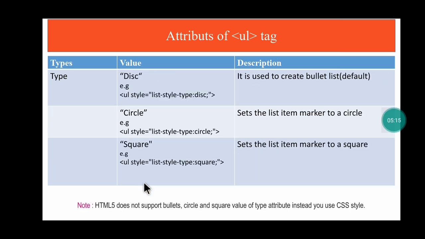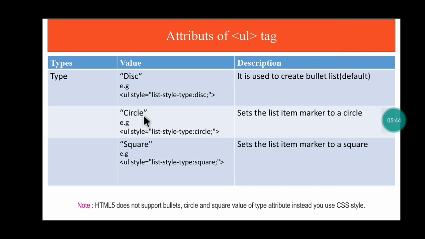Next are the UL tag attributes. The first is type, and the values are disc, circle and square. But in HTML5, this attribute is not supported for the disc, circle and square values of the type attribute. Instead, you use CSS, and with CSS the disc, circle and square can be displayed.